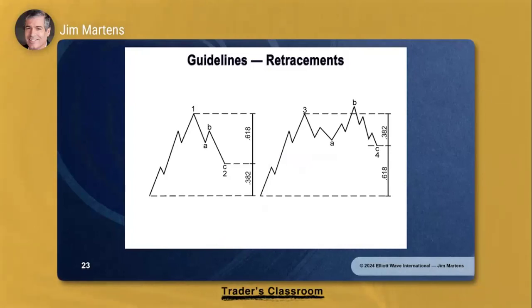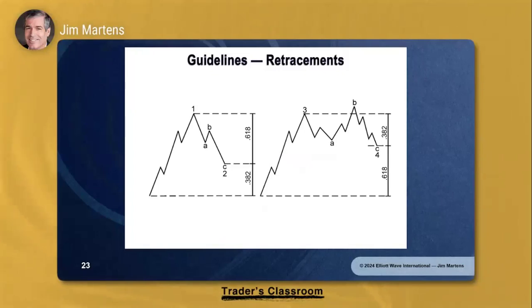By the time the fourth wave correction comes along, usually the third wave is extended, and the crowd believes the trend is now to the upside. So when they see a pullback, it's an opportunity to join the trend. And that action usually makes wave 4 a bit shallower, retracing 38.2% of the distance traveled in wave 3.